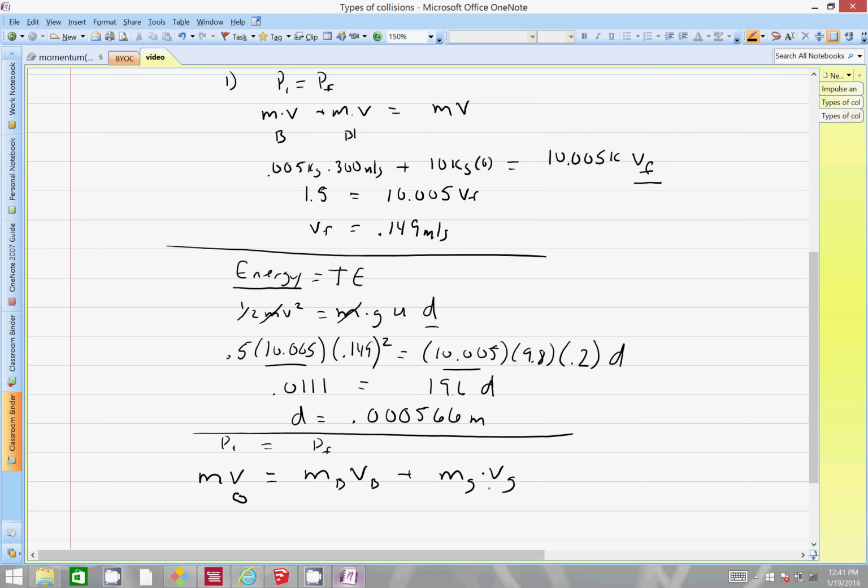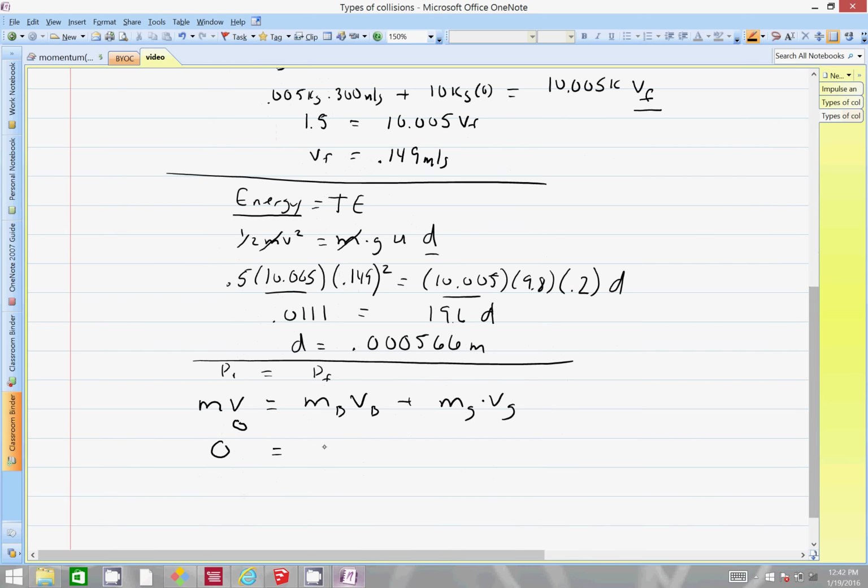In this case, this is going to equal 0 because there is no movement, so no momentum. The mass of the bullet is going to be 0.005 kilograms, and the velocity of the bullet is 300, plus the mass of the gun. The mass of the gun is given at 5 kilograms. And what's the velocity of the gun?